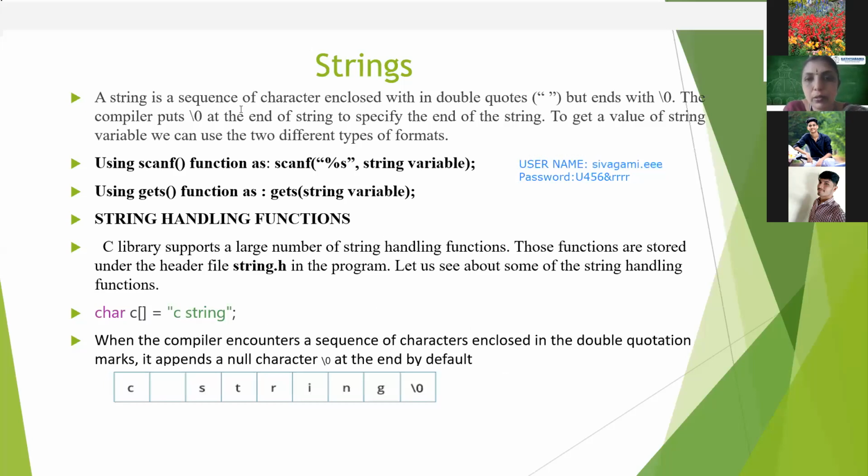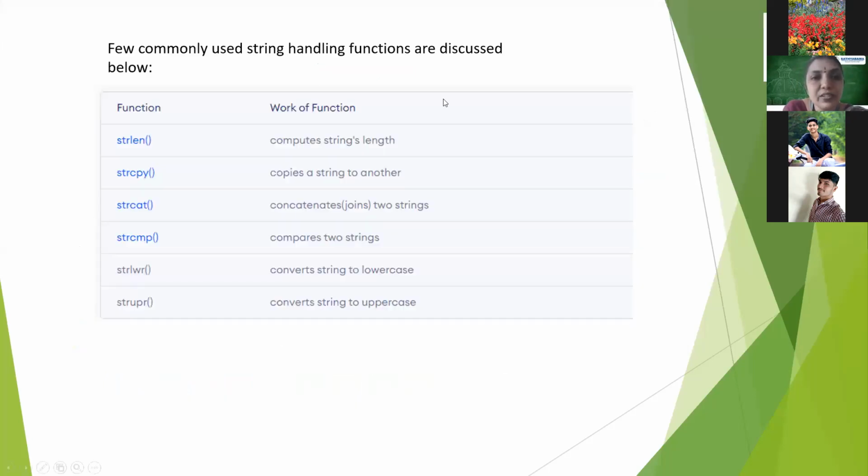Next, we'll look at the different string handling functions we'll be using here. Some of the string handling functions we are going to discuss are string length, string copy, string concatenation, and string compare. In string compare, we have two cases: one is case sensitive, the other is non-case sensitive, to find out the difference.